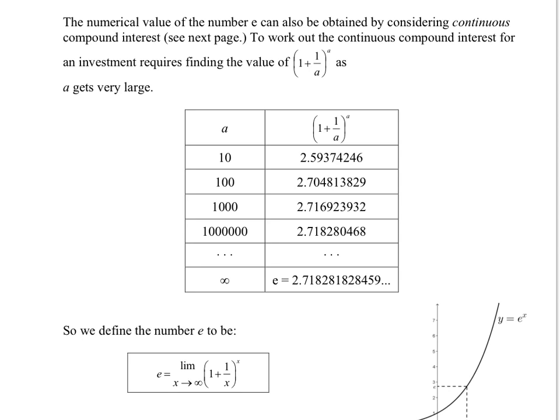If you imagine you're adding interest after shorter and shorter periods of time, after a thousandth of a second, after a millionth of a second, then that's getting close to what continuous compound interest would be.